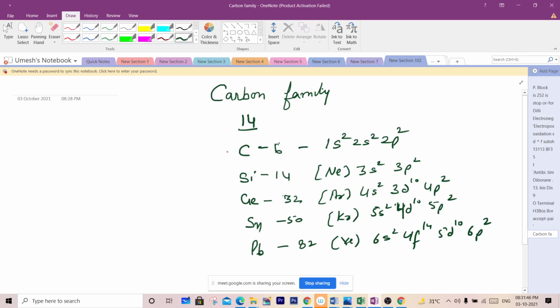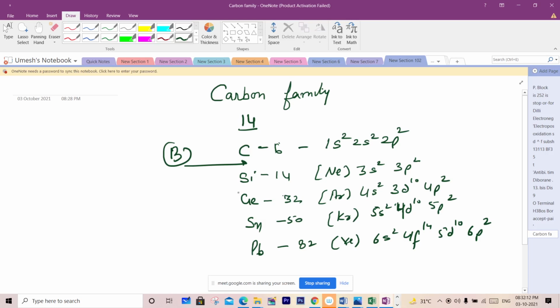Now, if I compare boron with carbon, which will be bigger in size? Boron. As you move from left to right, the size decreases, and as you go from right to left, the atomic size increases.